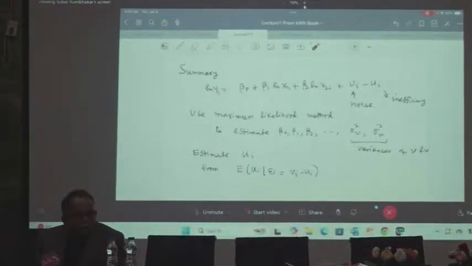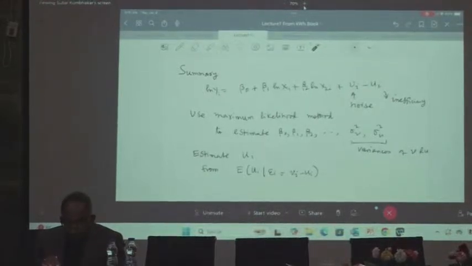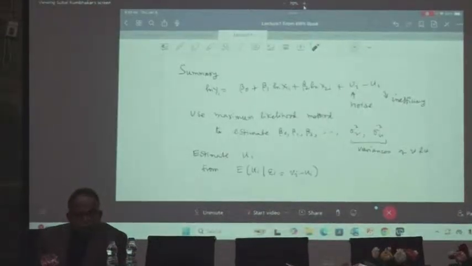The objective is not only to estimate the parameters beta 1 and beta 2, which are elasticities. Remember, this indicates the percentage change in y for a 1% change in x1, and this indicates the percentage change in y because of a 1% change in x2. So these are called elasticities, and the sum of those elasticities can be used to measure returns to scale.